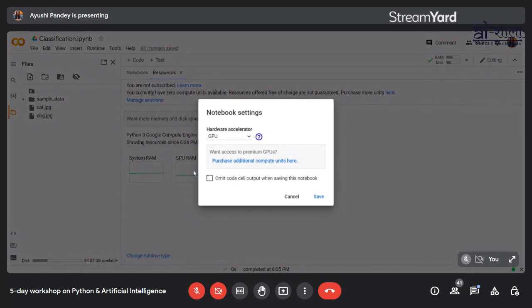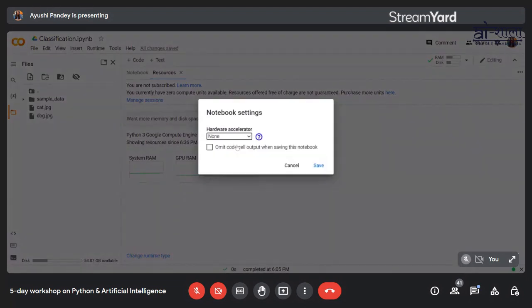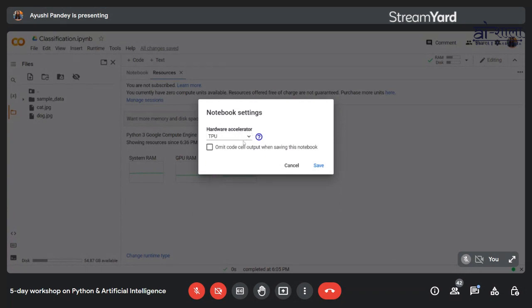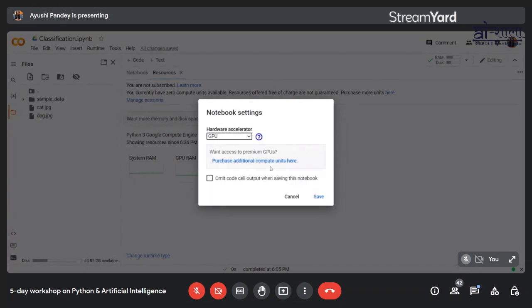We can have different runtimes: none, which uses normal hardware, and then GPU and TPU. I'll be using GPU.